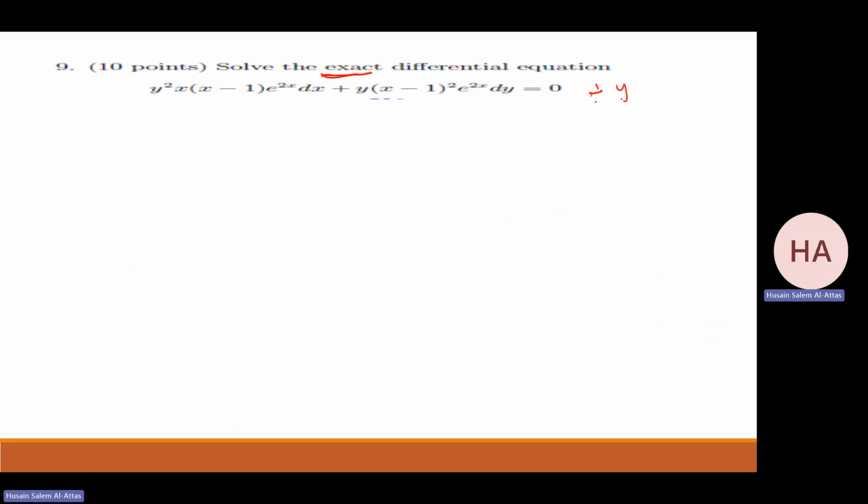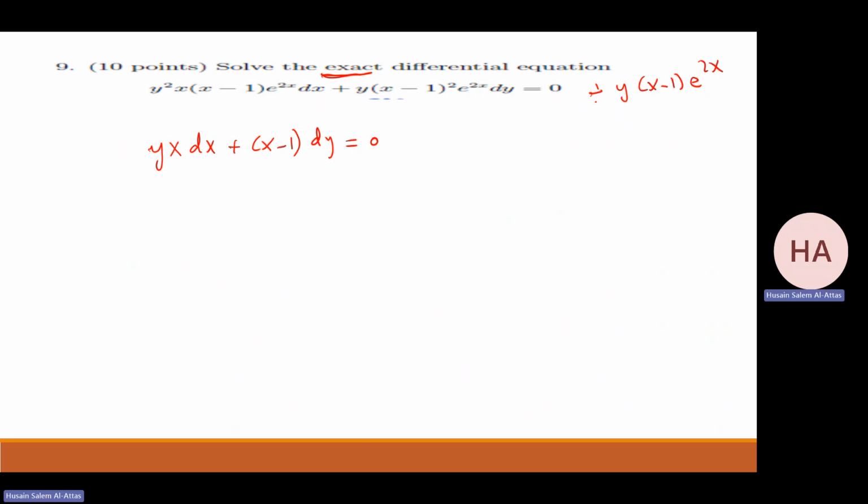If I divide by y, x minus 1, e to x, what will you get? You will get y x dx plus x minus 1 dy equals 0.